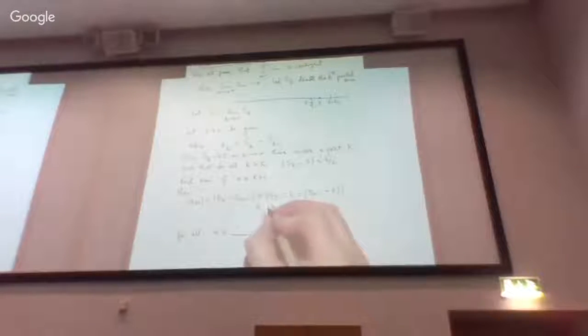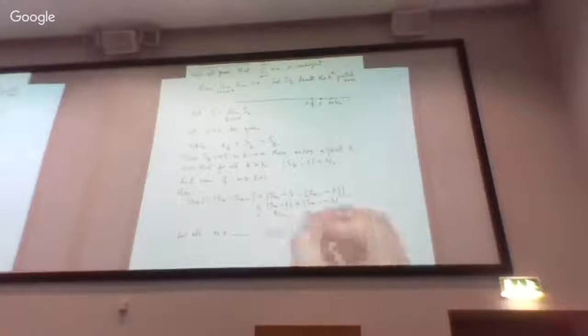But now I can use the triangle inequality to split this absolute value up as the sum of these two absolute values. And I know that both of those are less than epsilon over 2, which is equal to epsilon. Epsilon over 2 plus epsilon over 2 is epsilon.